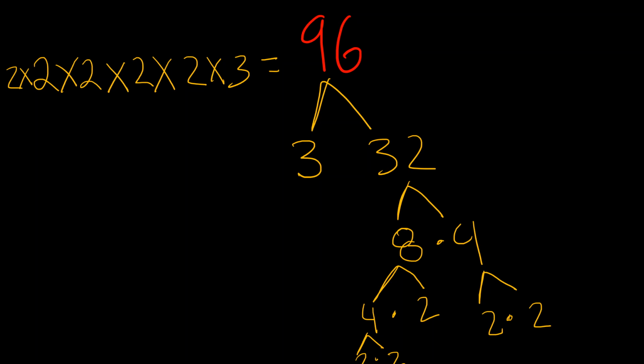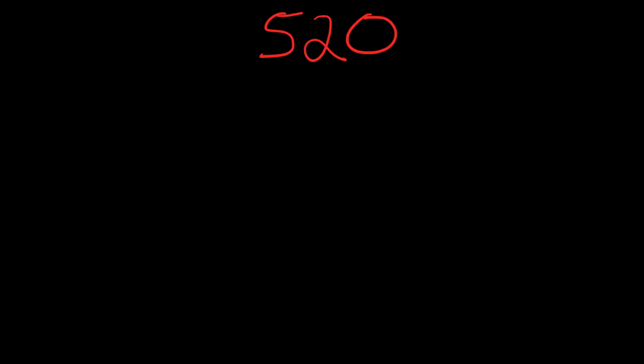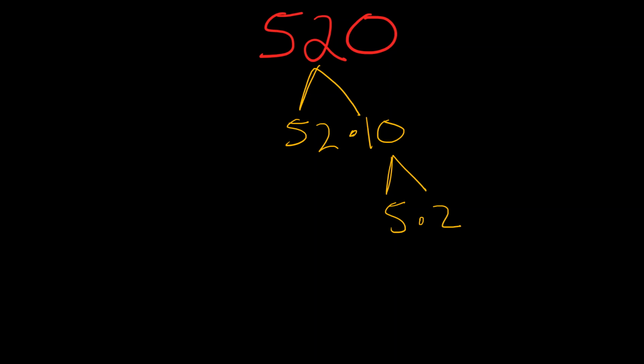Awesome, let's move to the next problem. So we have 520. Now we have to think of two numbers multiplied together to give you 520. And this one's not so bad. We have 52 and 10, because if we just multiply by 10, we just add a 0, so we'll get 520. Now we have to break down 52 and 10. Well, 10 breaks down into 5 times 2.